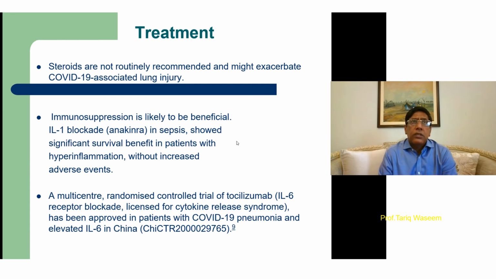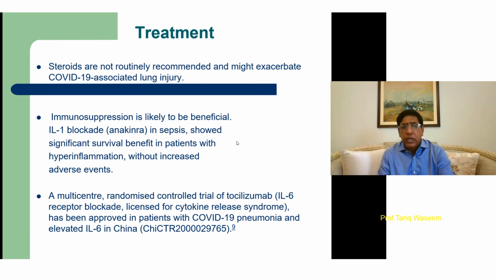Then there is talk of monoclonal antibodies. There are some randomized controlled trials using tocilizumab, which is an interleukin 6 receptor blocker, and this is already licensed for cytokine release syndromes and has been approved for COVID pneumonia.